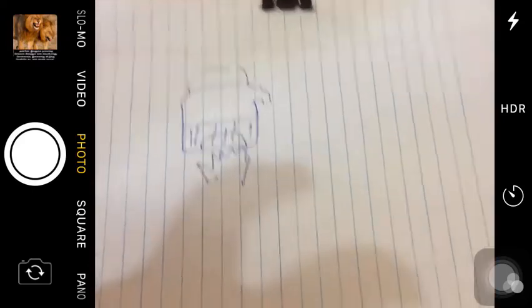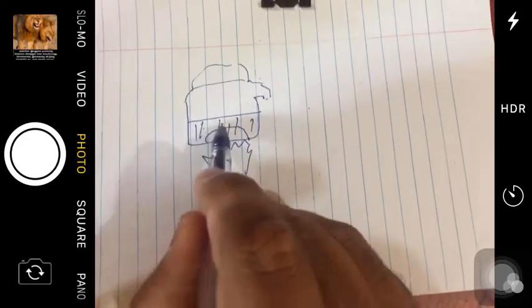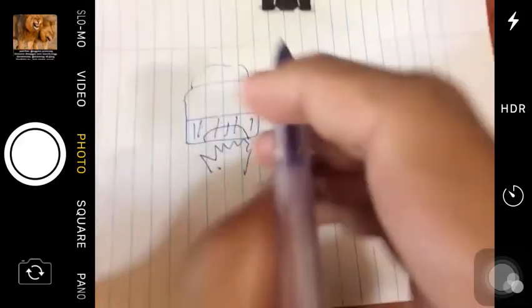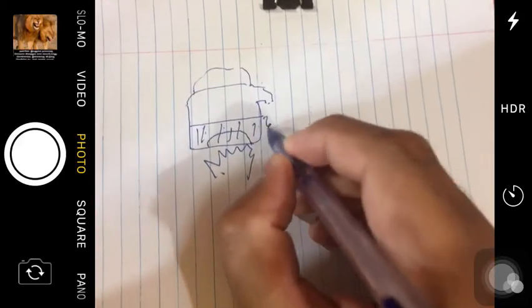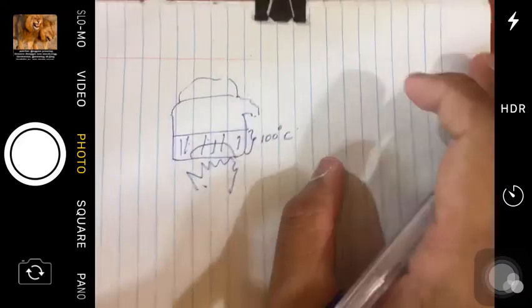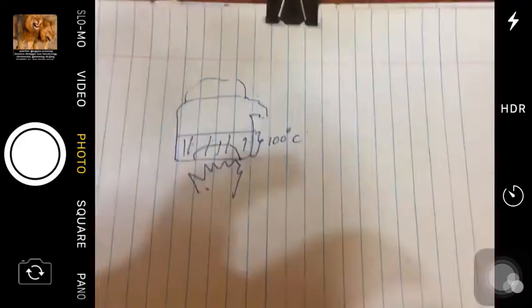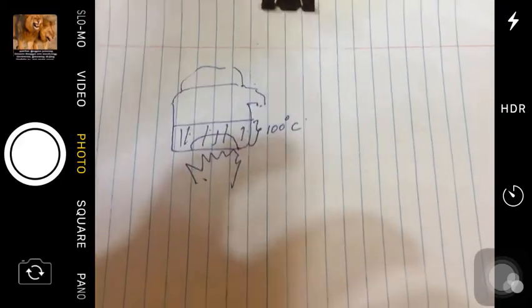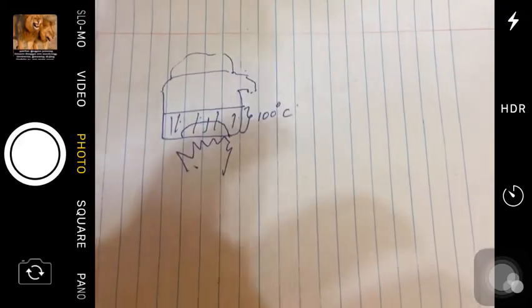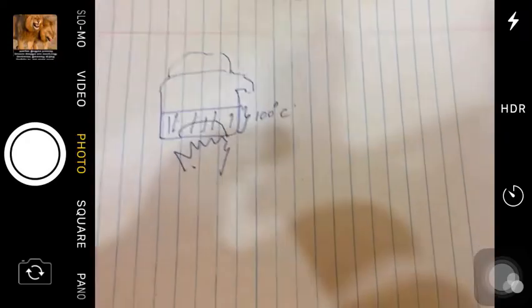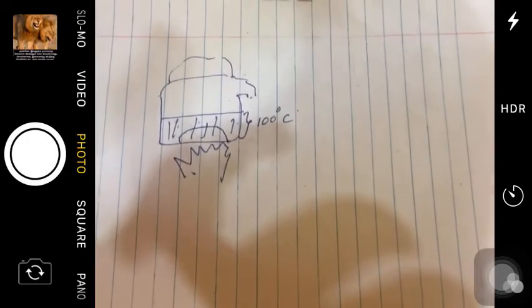But they absorb and they wait till other molecules also get enough heat, and until all the molecules get to 100 degrees Celsius, until all the particles in that liquid get to 100 degrees Celsius, rest of the particles wait. They wait patiently.